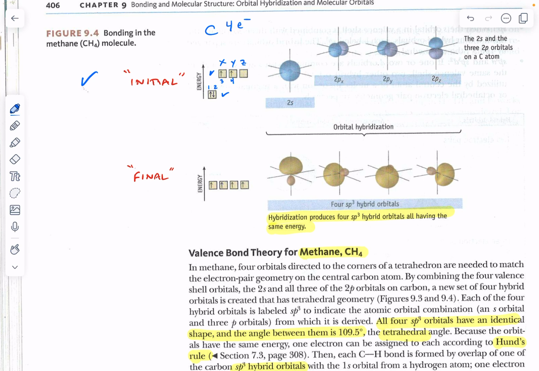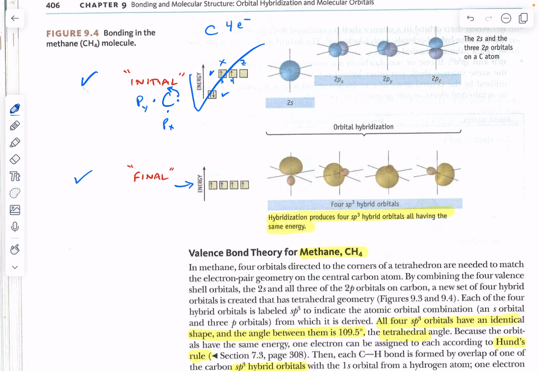And so we might say, well, therefore, carbon should look like that. There's my 2 in the S, and there's my PX, and there's my 1 in the PY. Well, we immediately learned that, no, we're going to promote that electron up there. And so when we move from this picture to this picture here, once we've hybridized these orbitals so that they're all the same, it looks like this.